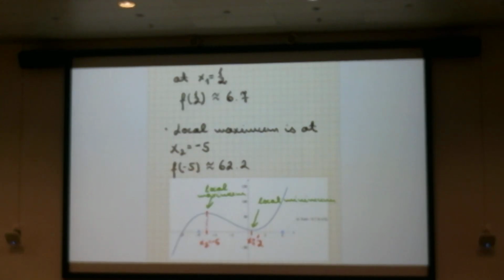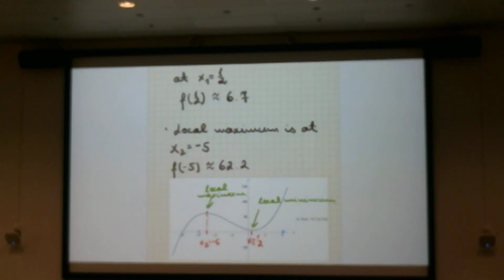So I'm only interested in maximum and minimum points when I look at x values from minus 6 to 4. I'm not interested anywhere else. With this extra condition, I can maybe say something about global maximum or minimum now.